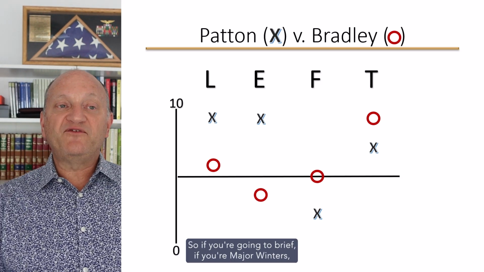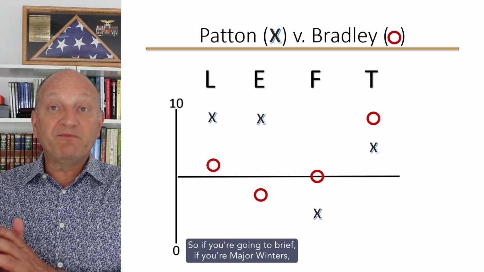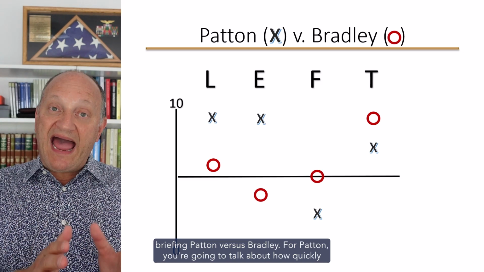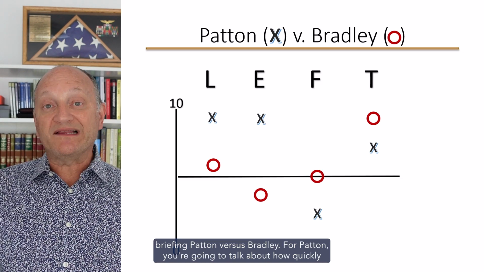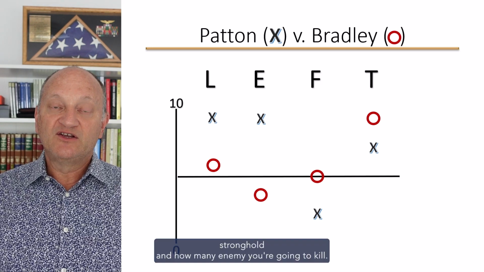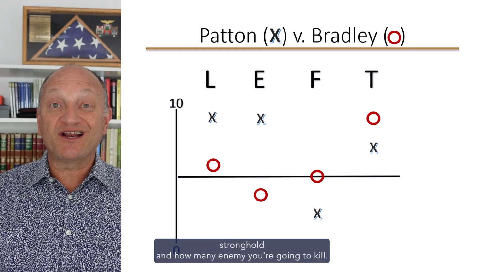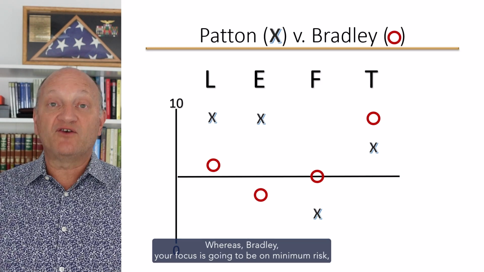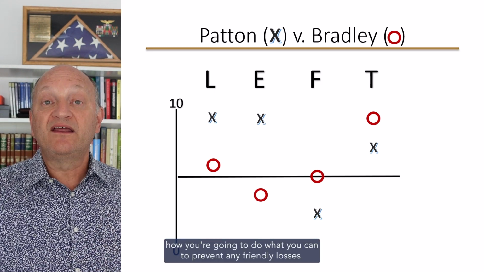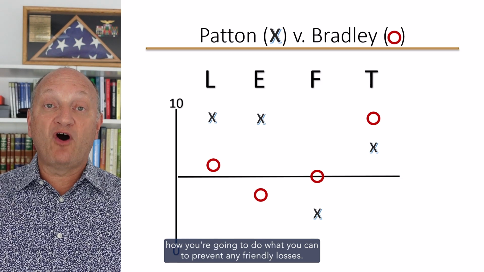All right, so if you're Major Winters briefing Patton versus Bradley, for Patton, you're going to talk about how quickly you're going to attack and take over the enemy stronghold and how many enemy you're going to kill. Whereas Bradley, your focus is going to be on minimum risk, how you're going to do what you can to prevent any friendly losses.